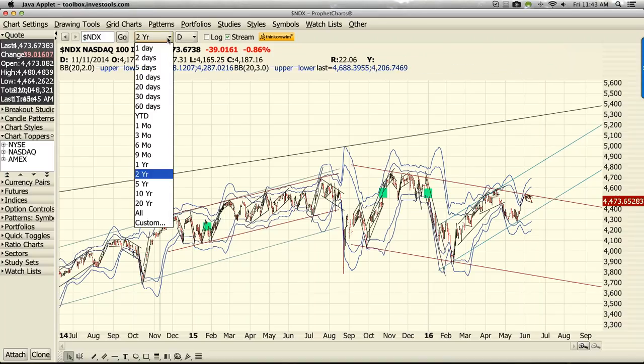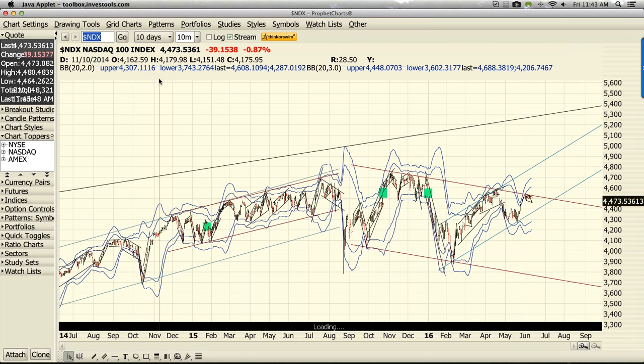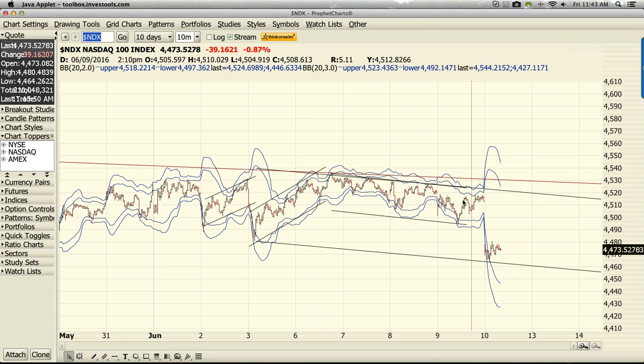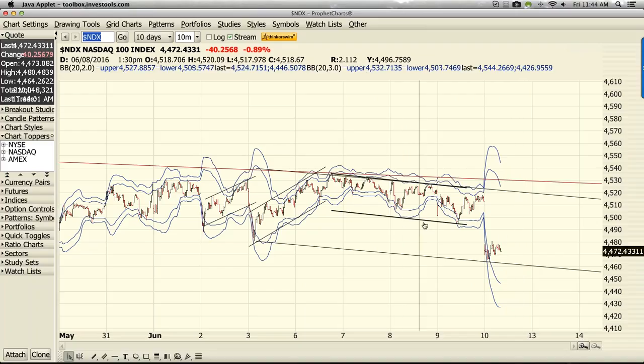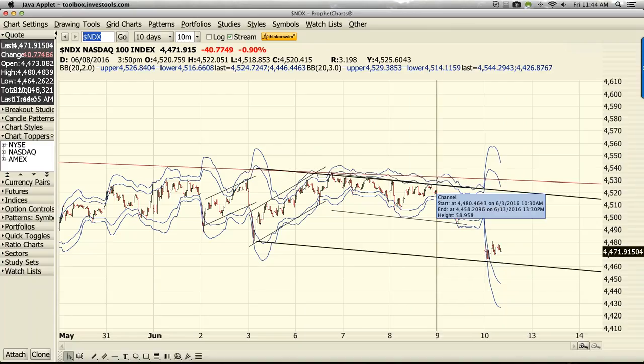And within that channel, I'm going to go to a 10-day, 10-minute chart, we can see that we've also been trading within a cycle that has been declining. So what happened here is we've been tracking this channel right here, this cycle right here, up until today.